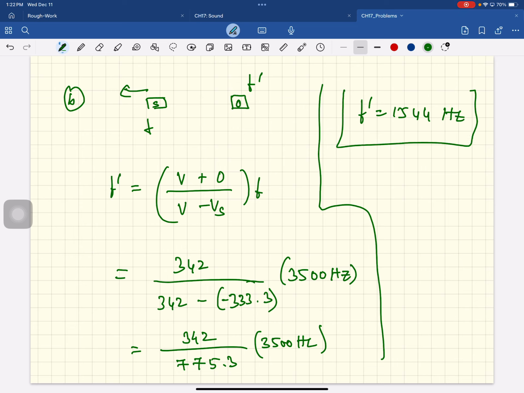So now it's about 1,500 hertz. So once the plane flies by you, all the frequencies are reduced by a factor of about half.